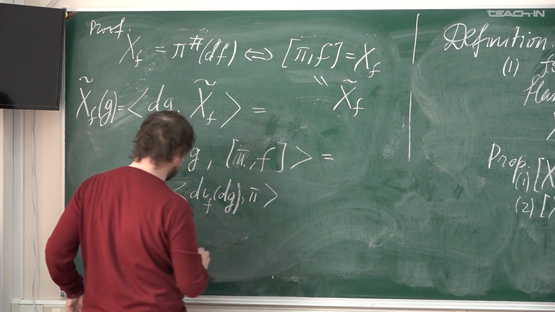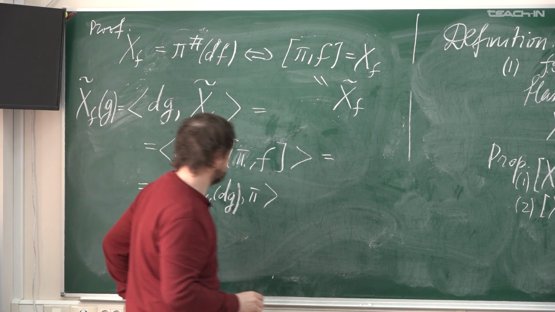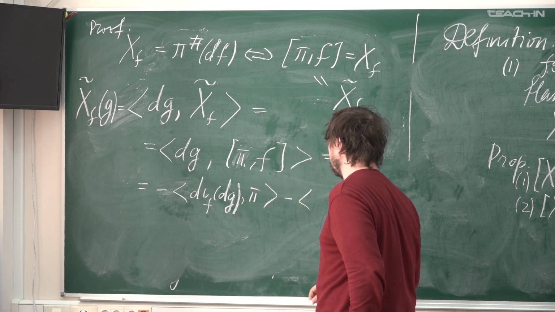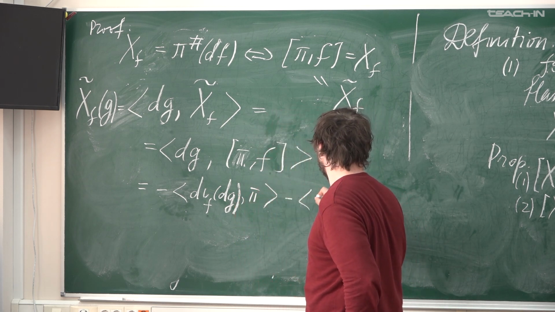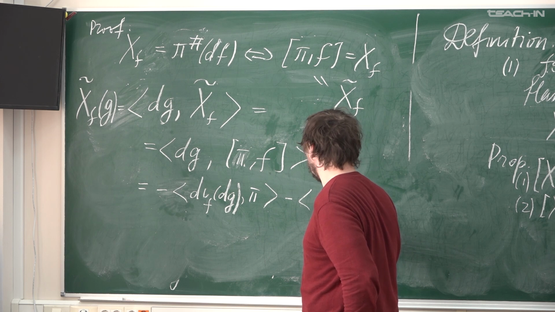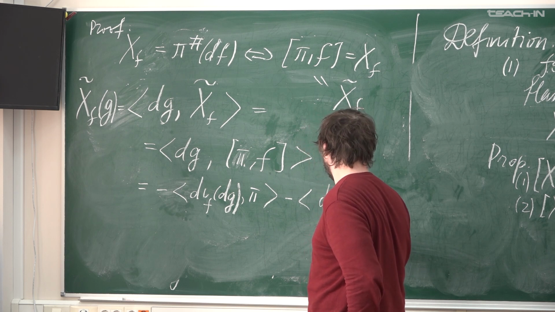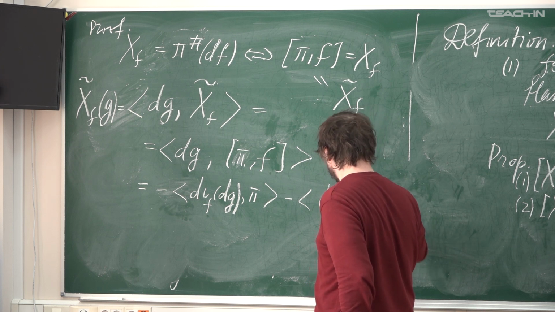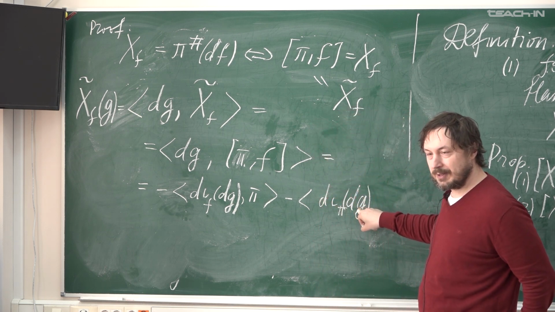No, sorry, it's not 0. Minus 0, the next one will be 0. Minus d i_pi of dg. And this is 0 because this is a one form.